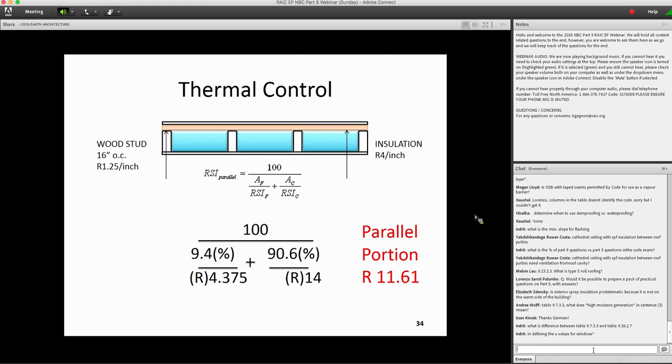In the middle of the notes, you get examples of calculations. You have R values, effective R values, and nominal R values. You have percentages of framing area and cavity area as well. It's basically one next to the other.